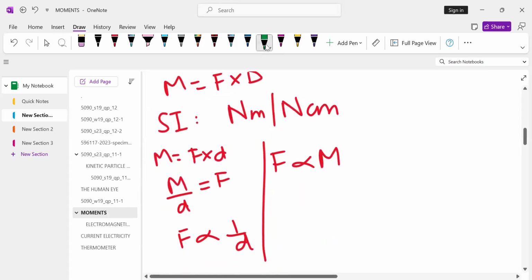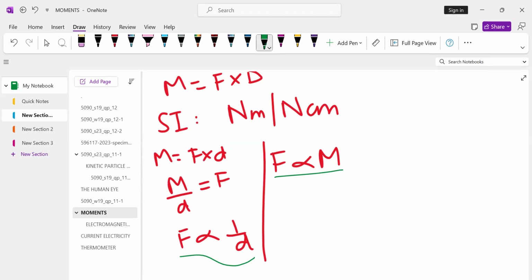When you rearrange this formula, you can see that force is directly proportional to moment. However, force is inversely proportional to distance. Inversely proportional means when one quantity increases, the other one decreases. Directly proportional means when one quantity increases, the other also increases, or if one decreases, the other also decreases.